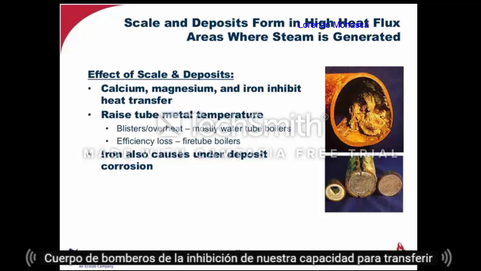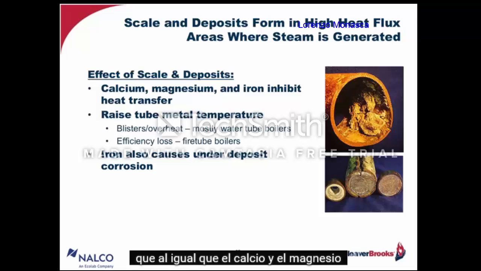Iron deposits inhibit our ability to transfer heat just like the calcium and the magnesium, but we also have something else that can occur with an iron deposit, and that's under deposit corrosion.